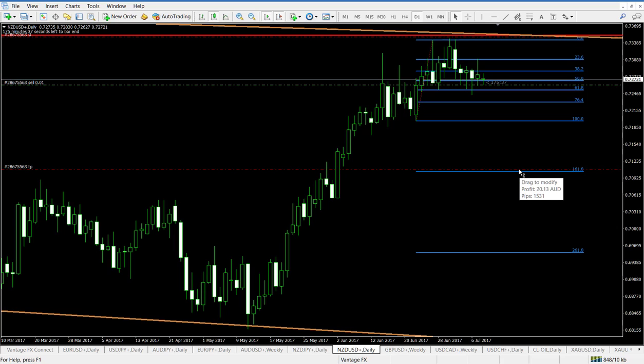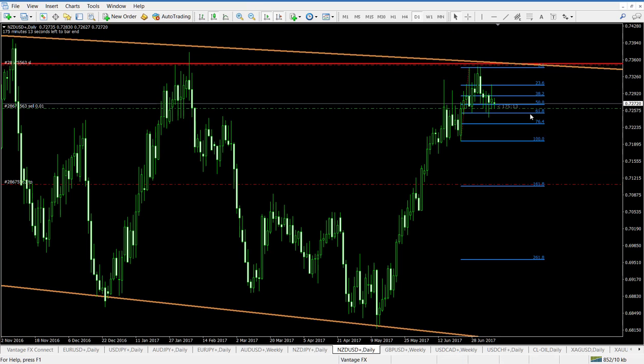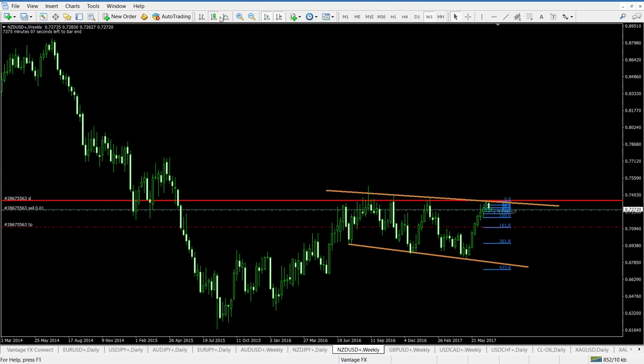Probably I'm gonna move this target to the 261.8, and I put the second position target as well on 261.8 Fibonacci level, and I move my stop loss step by step downward so I protect and lock in some profits. So that's how it is in New Zealand USD. It's nothing more than that. So we wait to see what happens in the next days and probably even week.